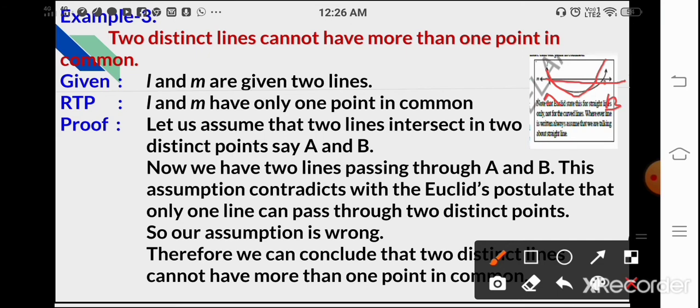Now we have two lines passing through A and B. This assumption contradicts Euclid's postulate that only one line can pass through two distinct points. So our assumption is wrong. Therefore, we can conclude that two distinct lines cannot have more than one point in common.